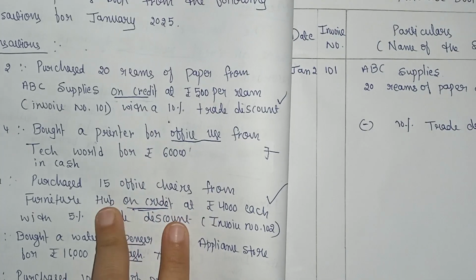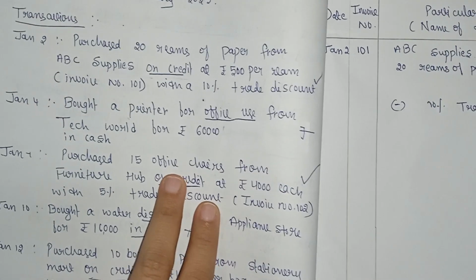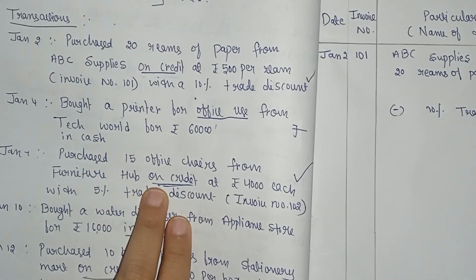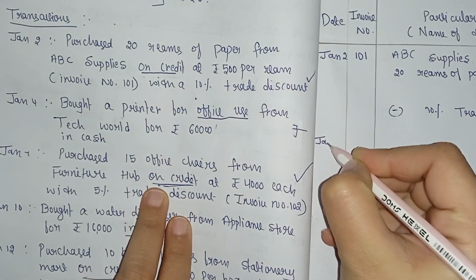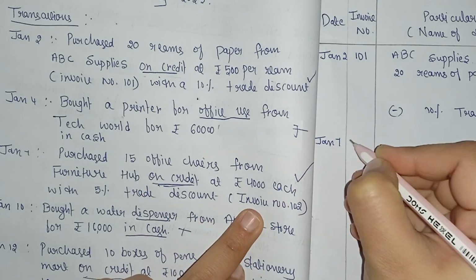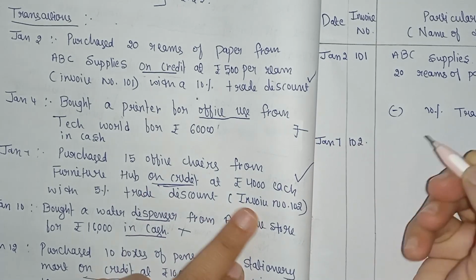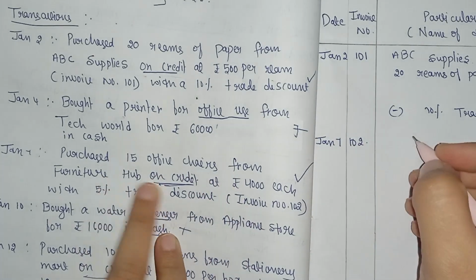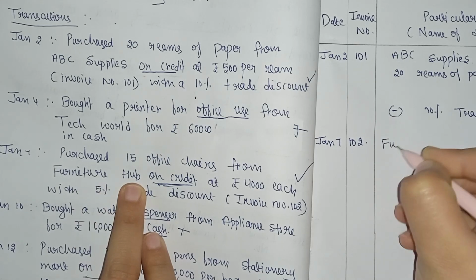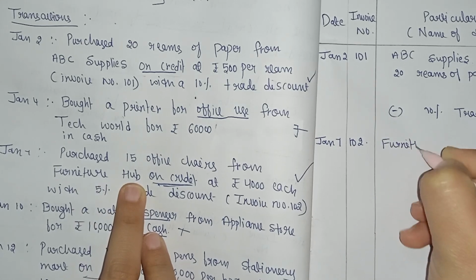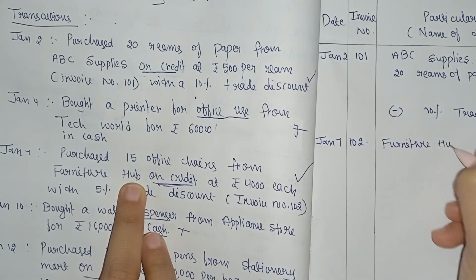Next one is purchased 15 office chairs from Furniture Hub. So Jan 7th, invoice number 102, from whom? Furniture Hub. Write down the supplier name, Furniture Hub.